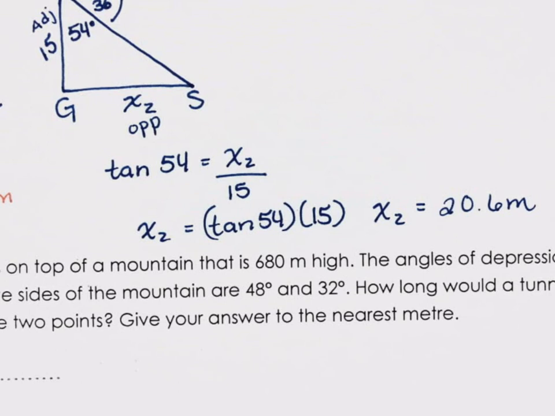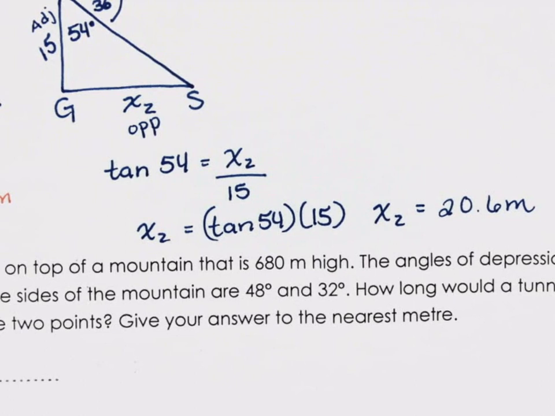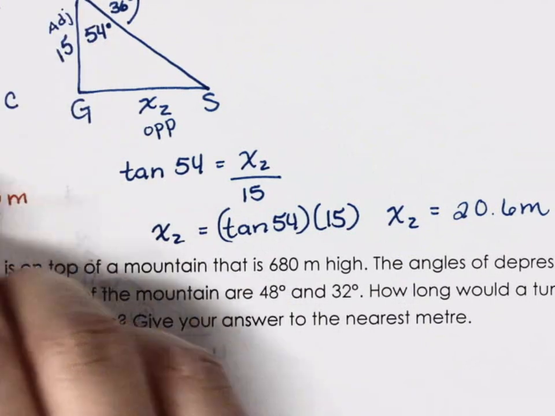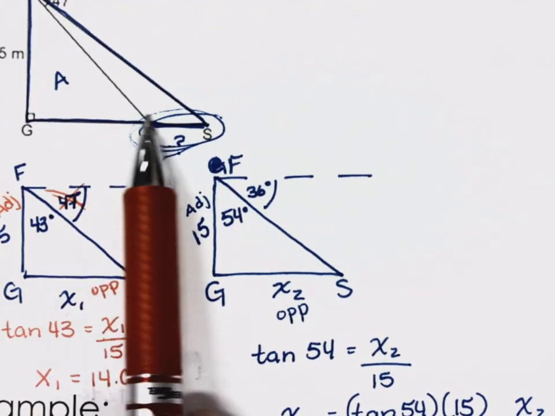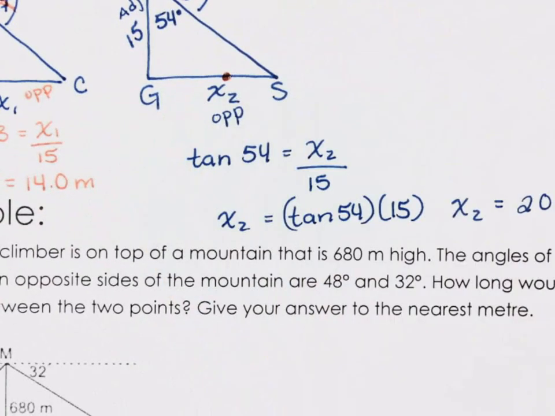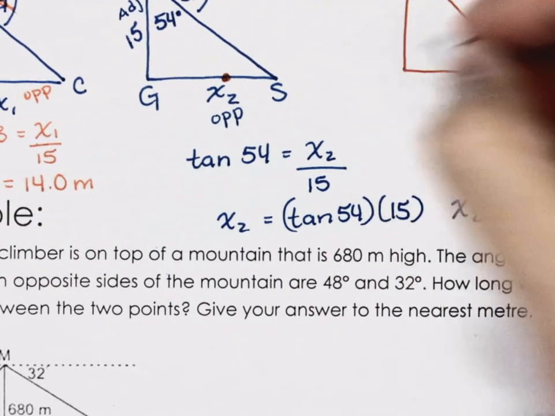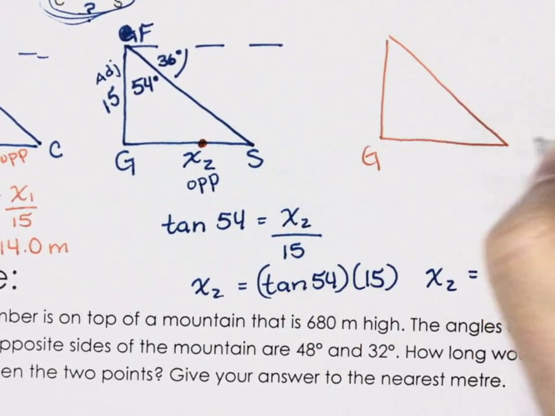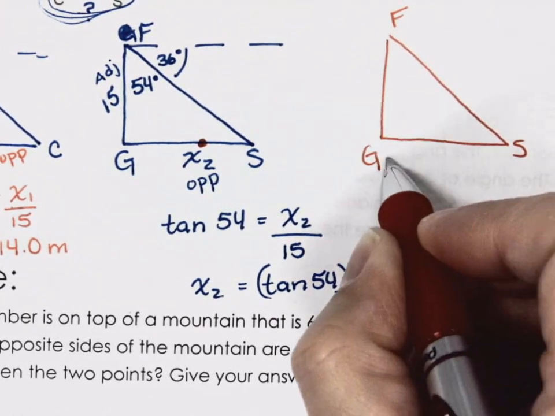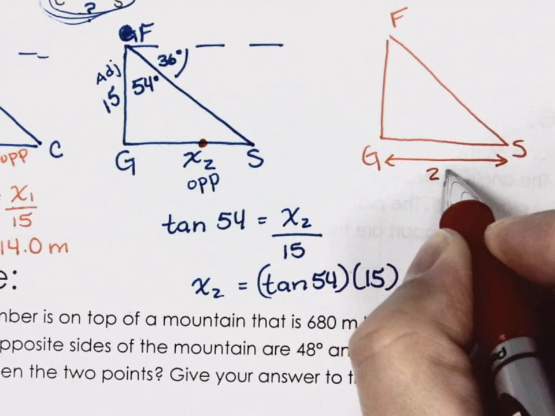Okay? Now I have these two bits of information and I don't really know what I'm supposed to do next. Okay, I do know what I'm supposed to do next, but I was hoping you guys might help me. So if we look at GS, GS is the whole length of the bottom. So if I go to my big triangle, I'm going to just draw that big triangle out again. So G, S, F. I know that from G to S, I have a distance of 20.6.